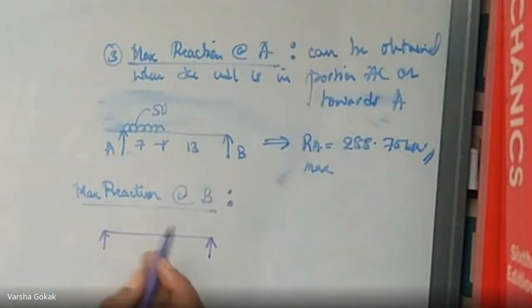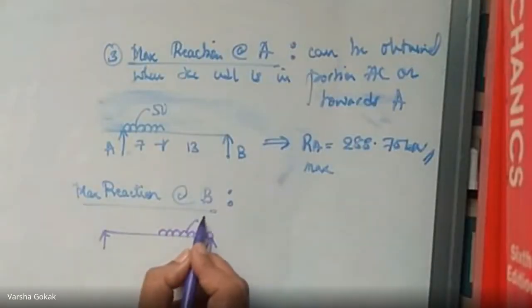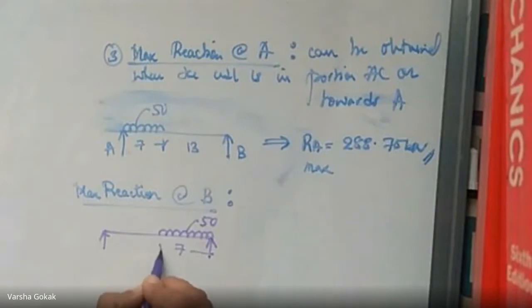Towards A or towards B? Towards B. Towards B, something like this, in touch with B. So this is going to be your 50, this is 7 meters, and remaining would be your 13 meters, correct?